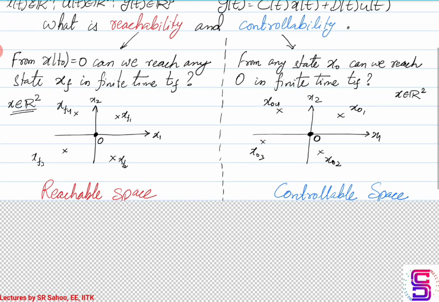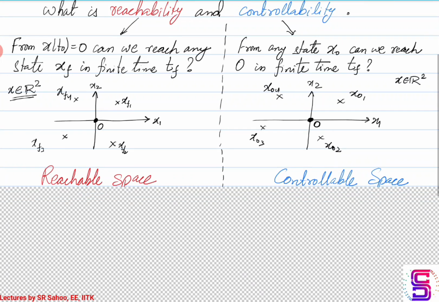So we consider this set of states that can be reached from the origin for a suitable continuous time control input as the reachable space.